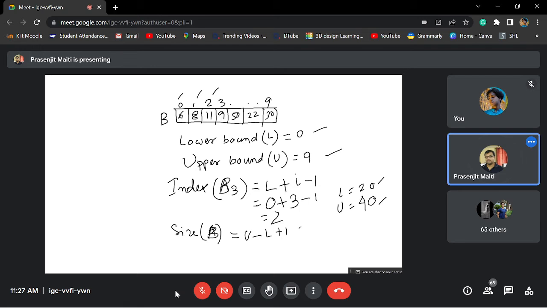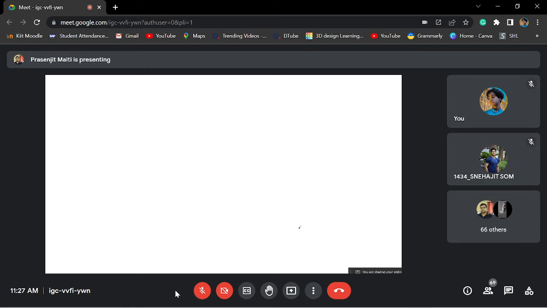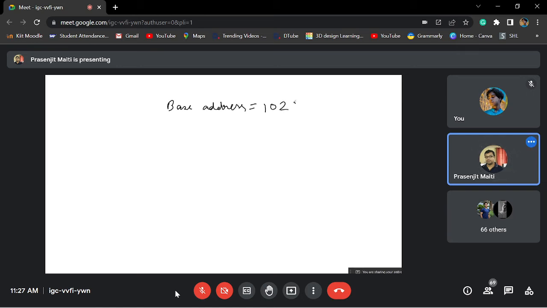Okay. Now, suppose the base address of the array is 1020. Question 1: the lower limit or lower bound, same thing, is 1300.